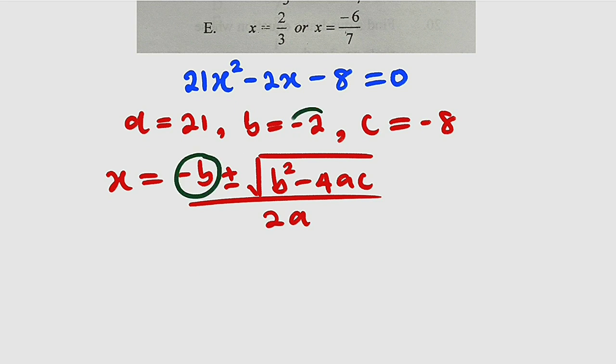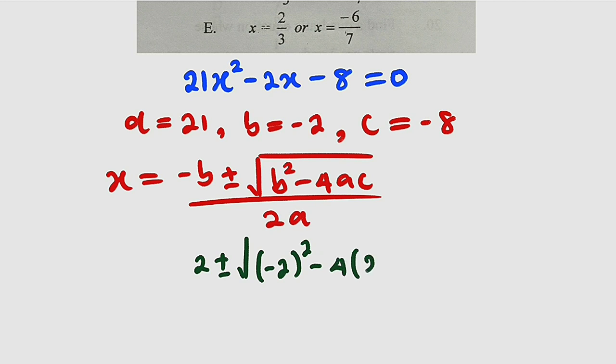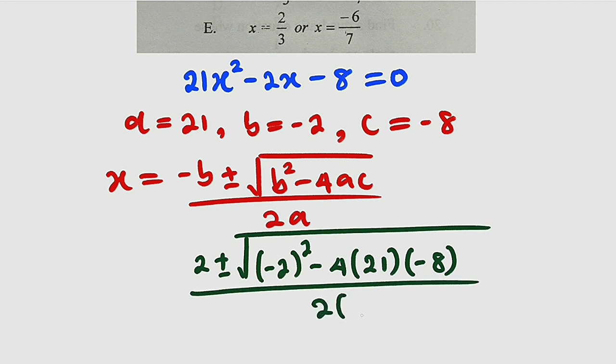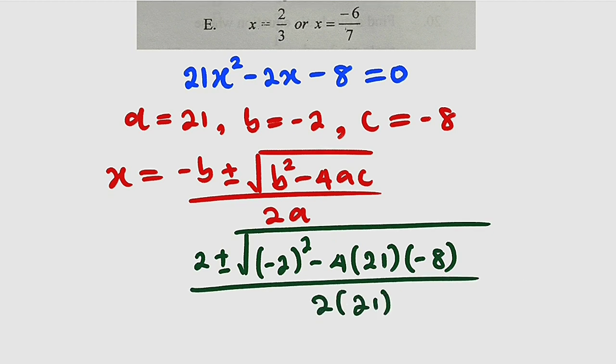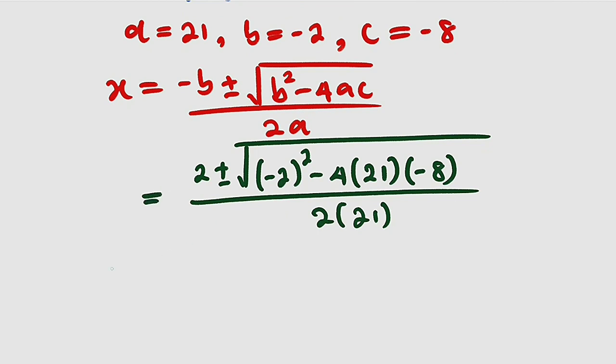Let's plug in everything. Minus b, it means what? Minus -2, which is plus 2. So we have plus 2 plus or minus the square root of -2 squared minus 4 times a times c, divided by what? 2 times a, 2 times 21. Let's simplify.